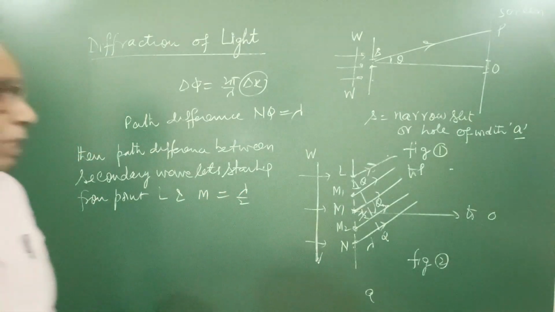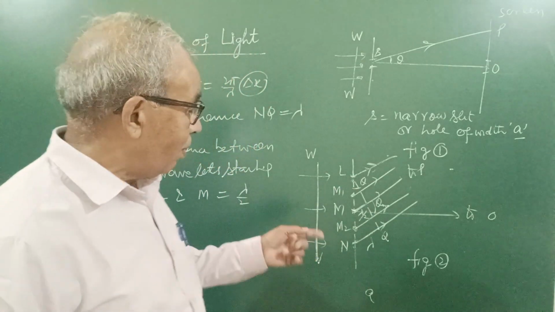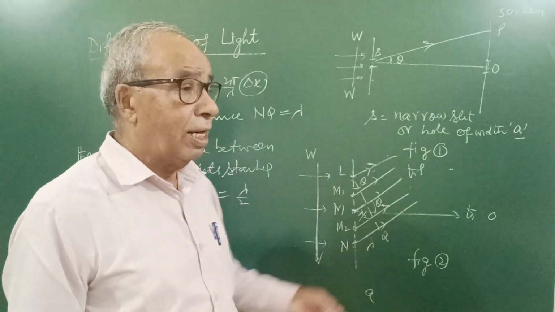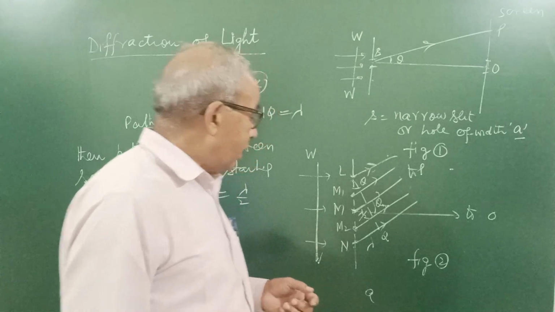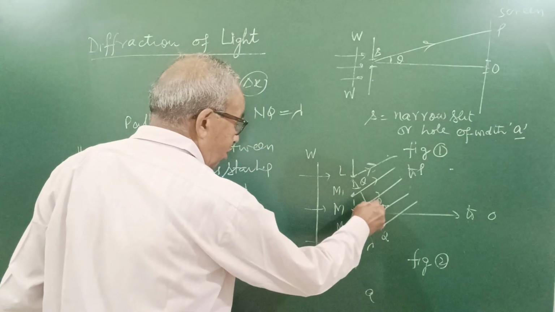This is a theorem of geometry: in a triangle, a line drawn through the midpoint of one side parallel to the third side is half of the third side, and if it is lambda, so this will be lambda by 2.